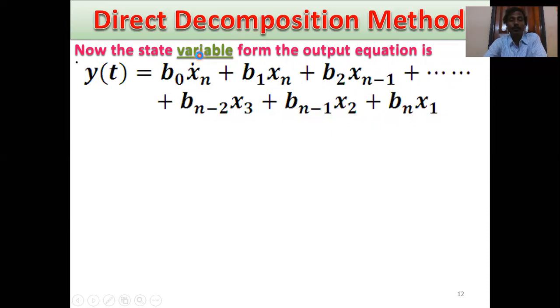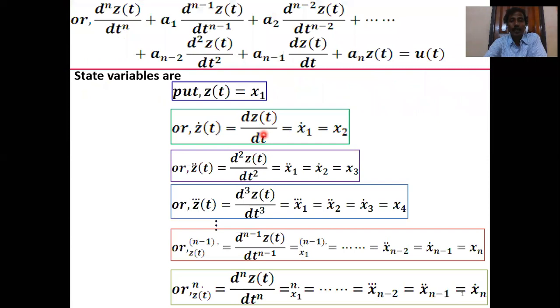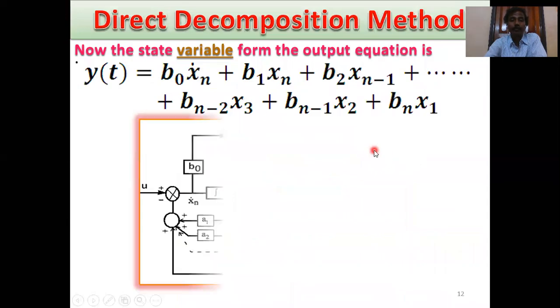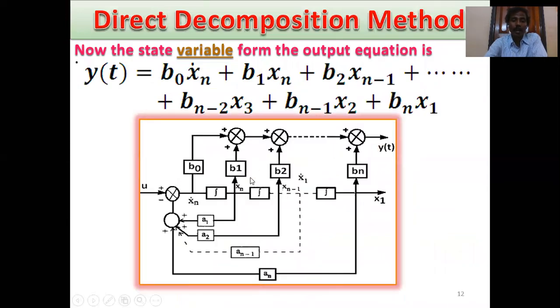Just put z equals x1 and z dot t equals x2, z double dot t equals x3, z triple dot equals x4, and z n dot equals xn dot. And this is the final block diagram for the direct decomposition method.